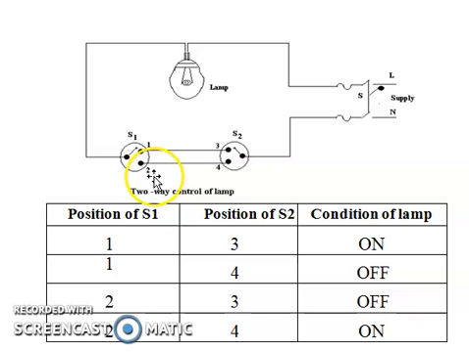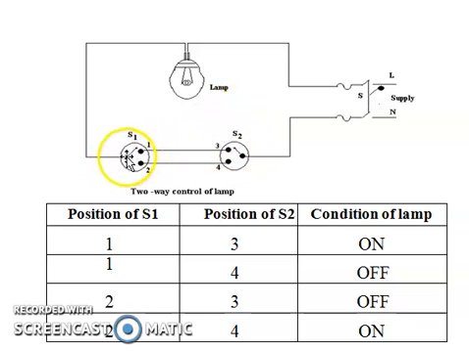You can imagine that switch position 1 is at the ground floor and switch position 2 is at the upper floor. Here one more switch is provided, switch number 1, which has two conditions. Switch number 1 is at one position and switch number 2 is at another position, at the ground floor and the first floor, like that.